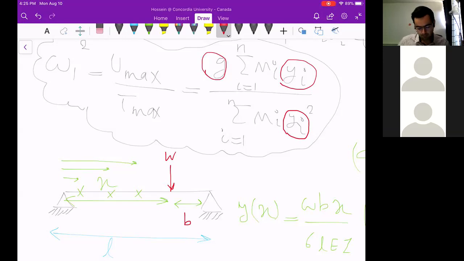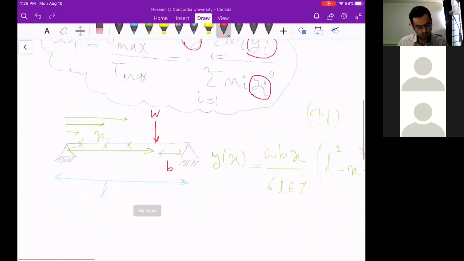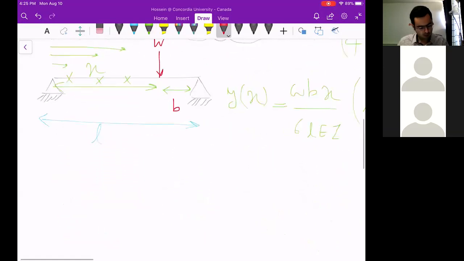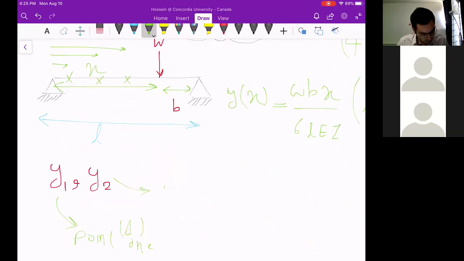So how can I find Y? Since I have two masses, I'll have Y1, the deflection at point 1, and Y2, the deflection at point 2.